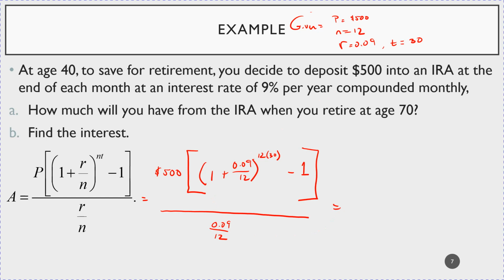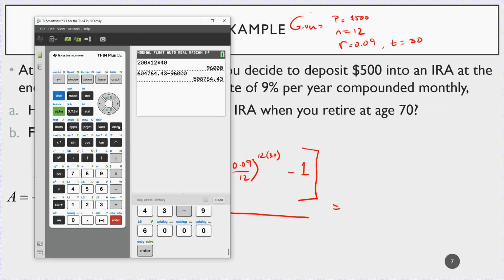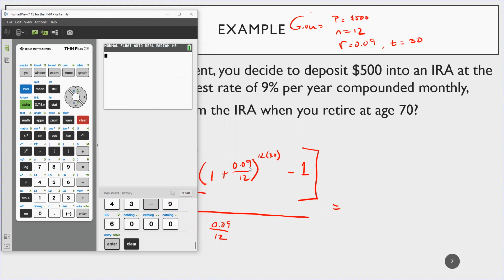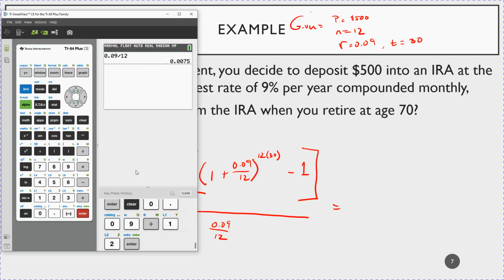All right, so again, I'm doing this all in my calculator, going step by step. As you do these problems, or watch my lecture, you should be checking too to see if you get the same thing. So start with the inside of the parentheses, the innermost. You're going to go 0.09 divided by 12, and then add 1.